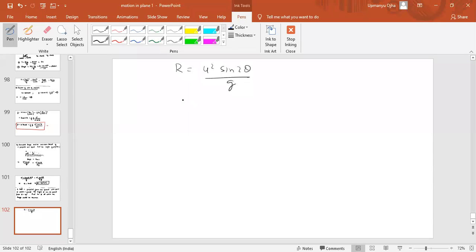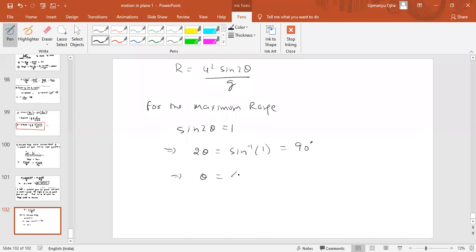So for the maximum range, sine 2 theta should be equal to 1, which means 2 theta should be equal to sine inverse of 1. Sine inverse of 1 means 90 degree. Therefore, theta should be equal to 45 degree. So for a maximum range, theta should be equal to 45 degree.